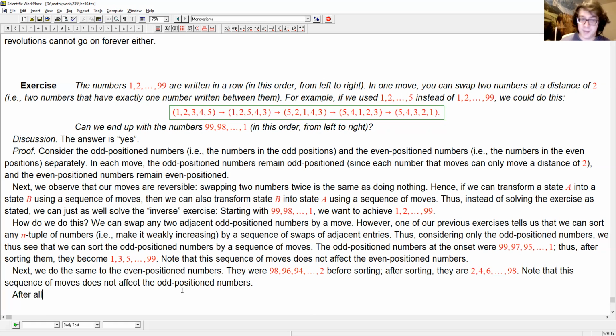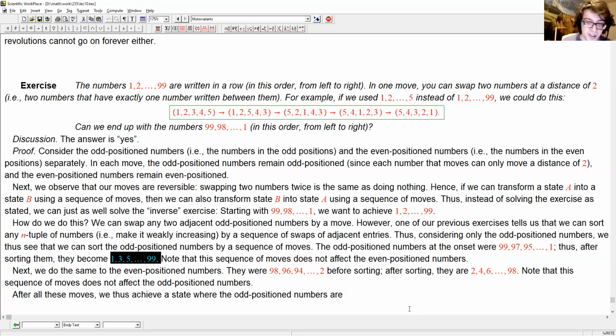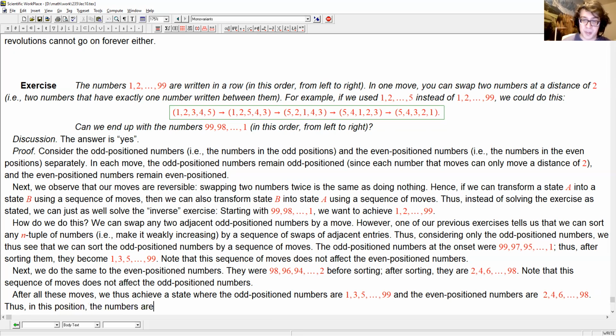So after all these moves, we thus achieve a state where the odd position numbers are, as we have seen, just 1 up to 99, the odd ones. And the even position numbers are 2, 4, 6, and so on 98. Thus, in this position, the numbers are just 1, 2, and so on 99 from left to right.